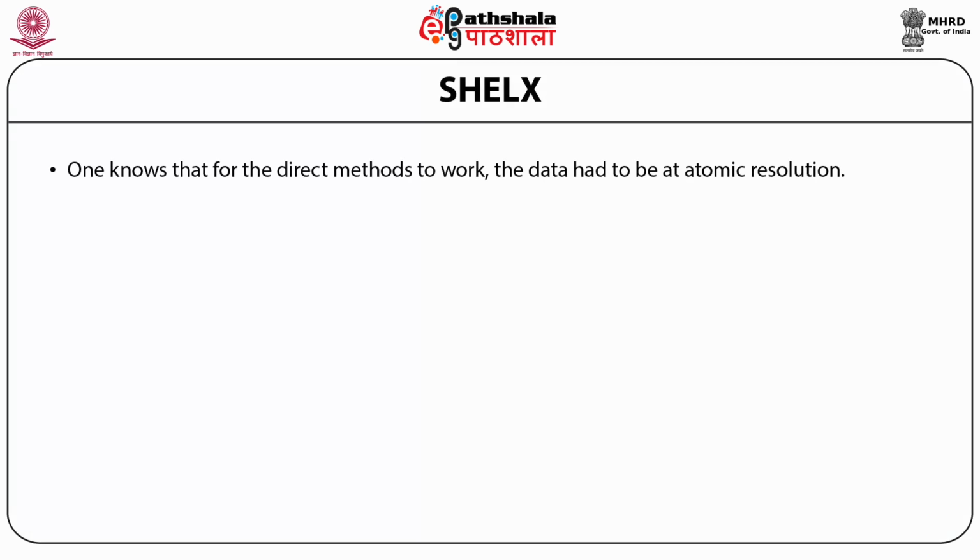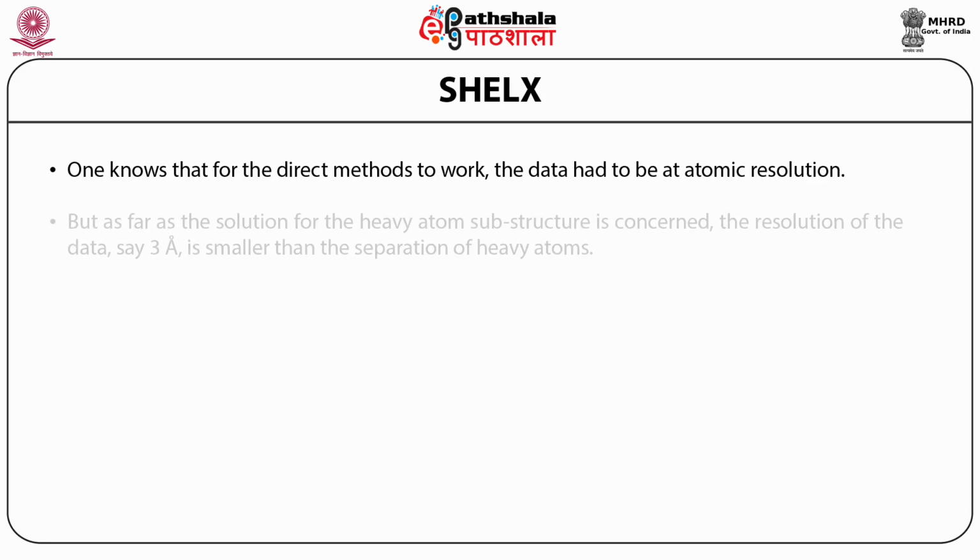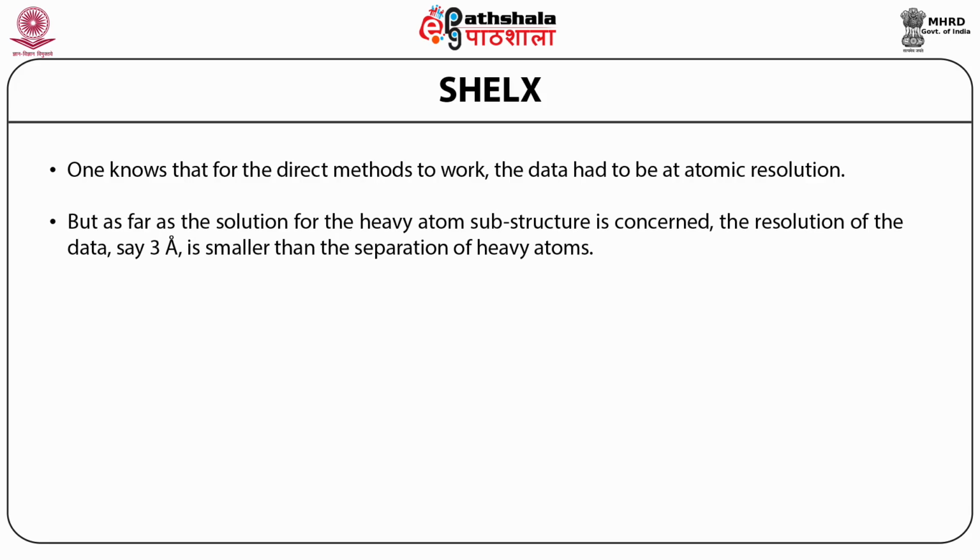One knows that for the direct methods to work, the data had to be at atomic resolution. Only at atomic resolution are the peaks well resolved. There is no overlapping of electron density peaks. But as far as the solution of the heavy atom substructure is concerned, the resolution of the data, say 3 angstrom, is smaller than the separation of heavy atoms. Here, dual space direct methods will be very useful.